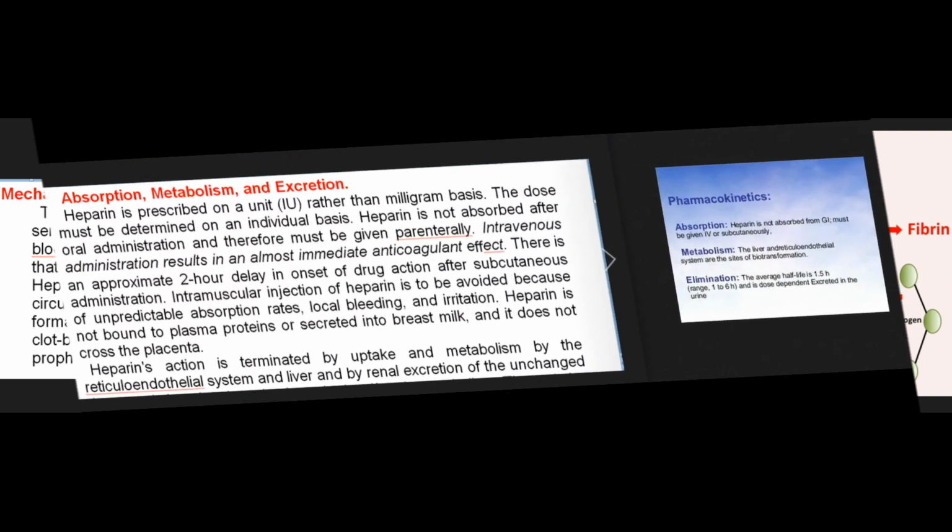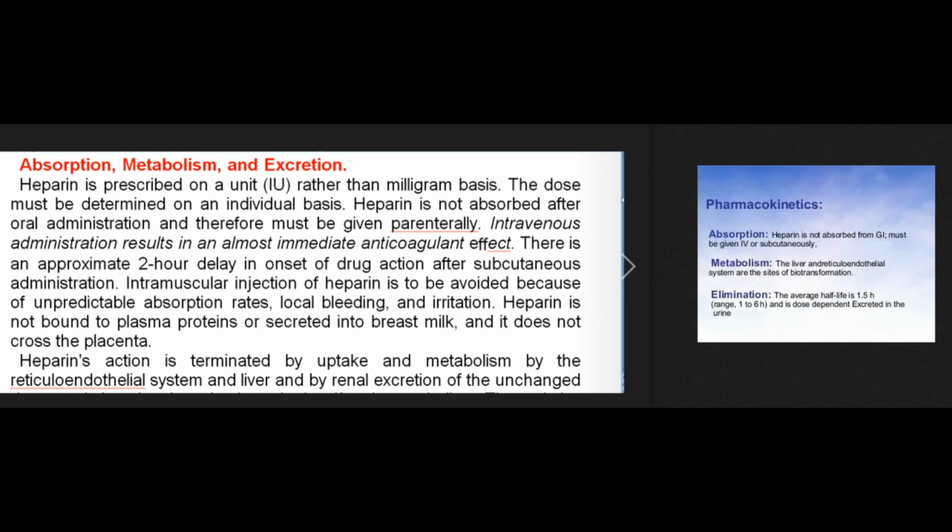Absorption, metabolism, and excretion. Heparin is prescribed on a unit, IU, rather than milligram basis. The dose must be determined on an individual basis. Heparin is not absorbed after oral administration and therefore must be given parenterally. Intravenous administration results in an almost immediate anticoagulant effect.